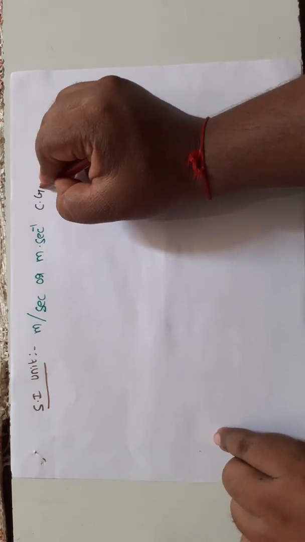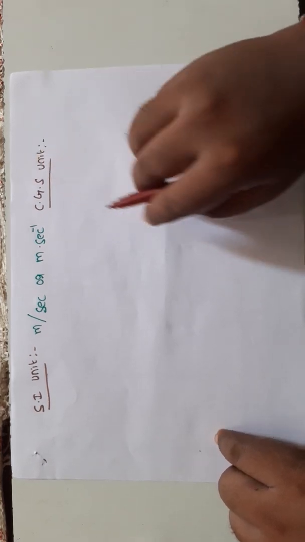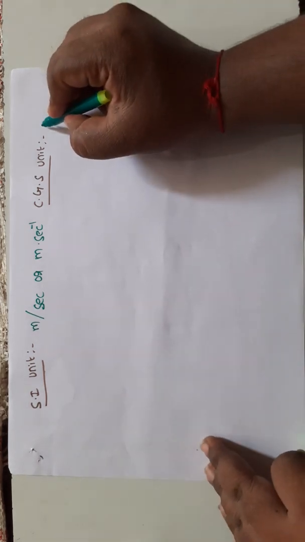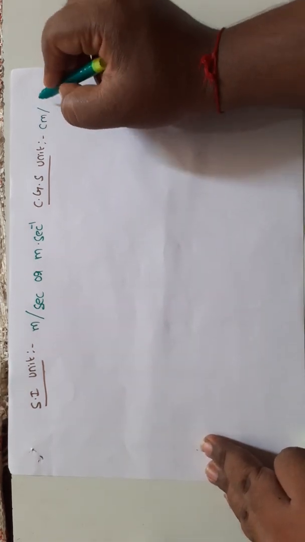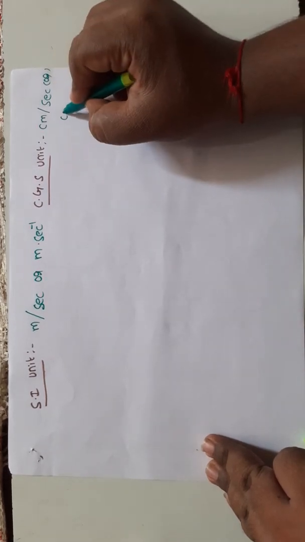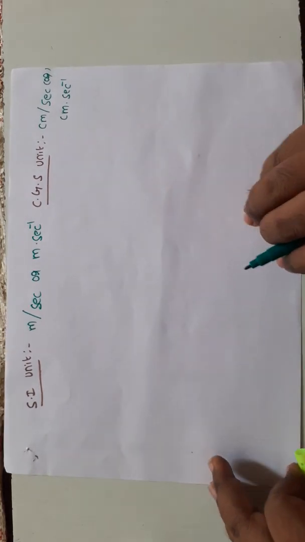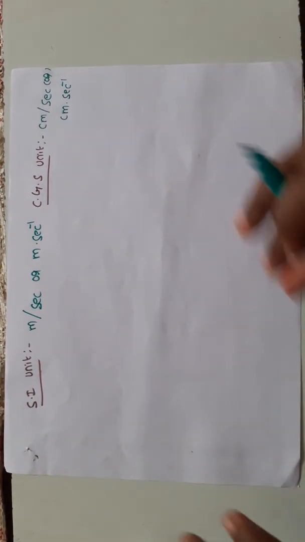The CGS unit is centimeter per second, we can write centimeter second inverse.